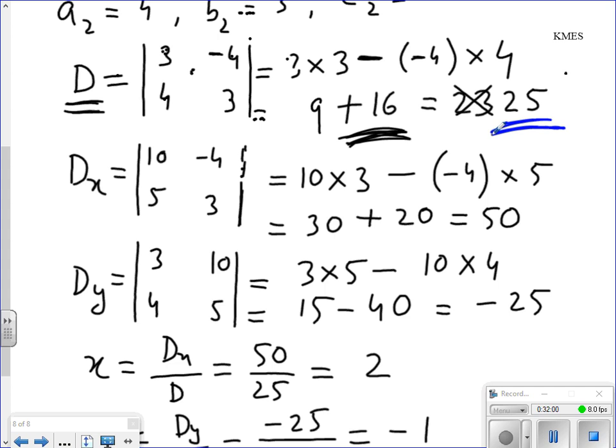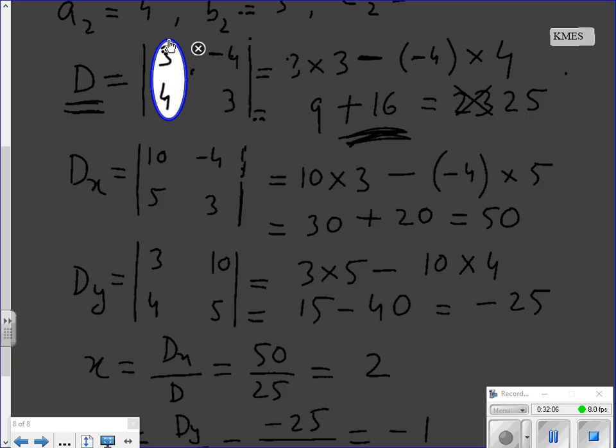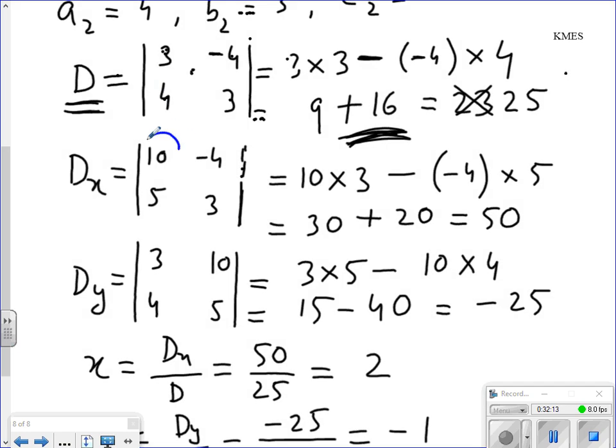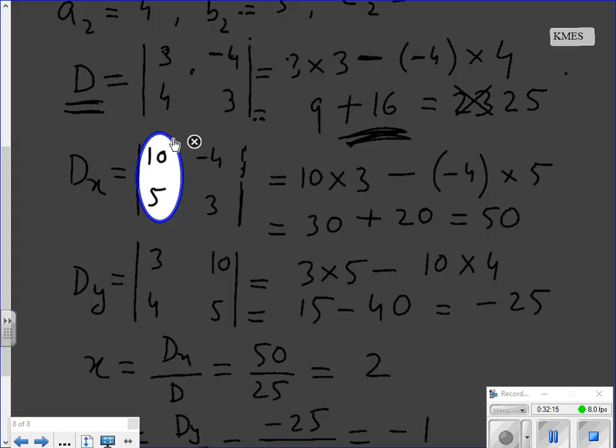Now to find the value of the determinant dx, in determinant d, a1, a2 is replaced by c1, c2.